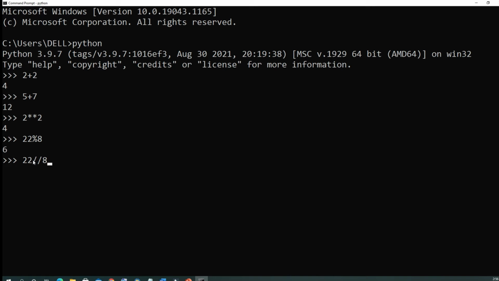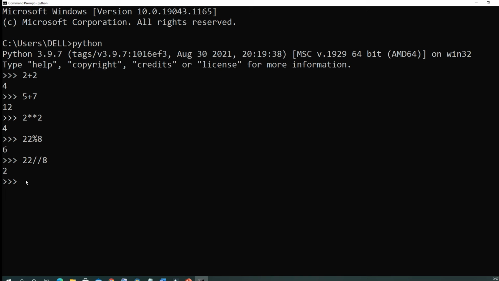Later on I'm going to explain what I mean by integer division. So we get 2, right? This is the integer division. This one is basically talking about how many times 8 can divide 22, which is 2, right?